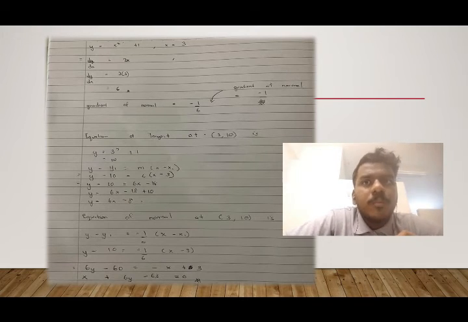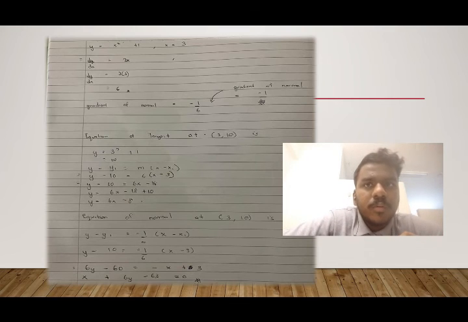So y minus 10 equal to 6 bracket x minus 3. So we need to expand. So we will get y minus 10 equals 6x minus 18. Then negative 10 will move over and become positive. So y equal 6x minus 18 plus 10, we will get negative 8. So y equal 6x minus 8 will be the equation of the tangent.